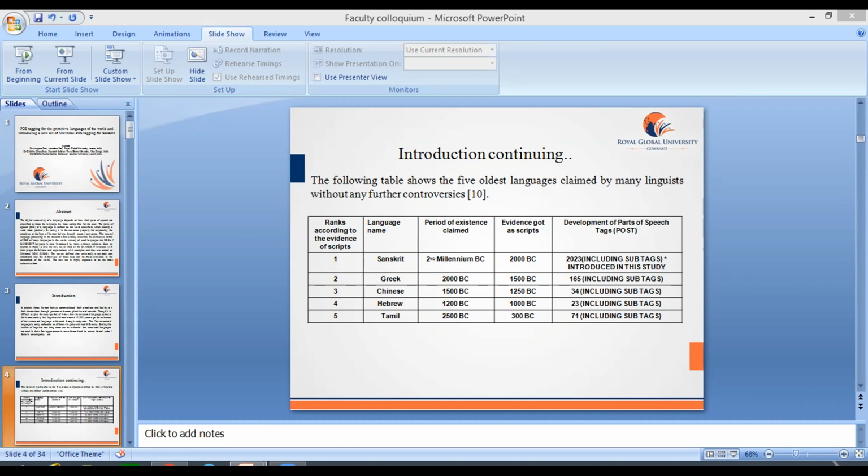Now if I show the comparative study, till now the work has progressed, and JNU has found main and sub tags altogether 134 till now. Tirupati POS, in the name of Tirupati POS in 2013, Tirupati University found 134 main tags.